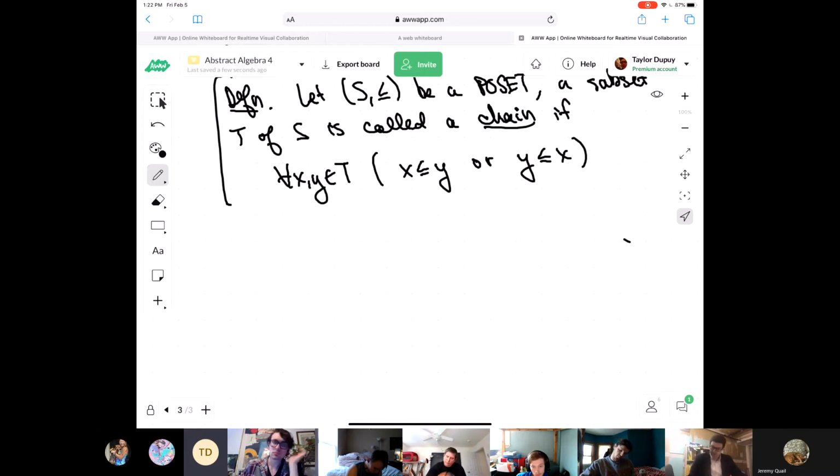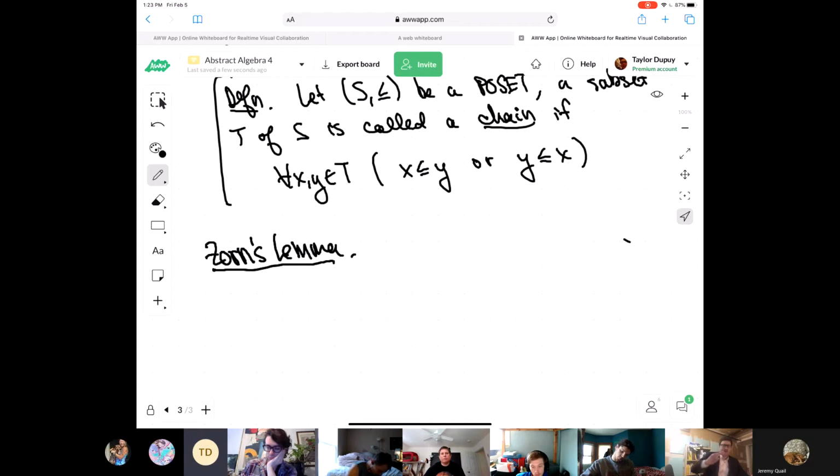Now I'm just going to state Zorn's lemma, because we're going to use it. Zorn's lemma says the following. Let S be a poset.